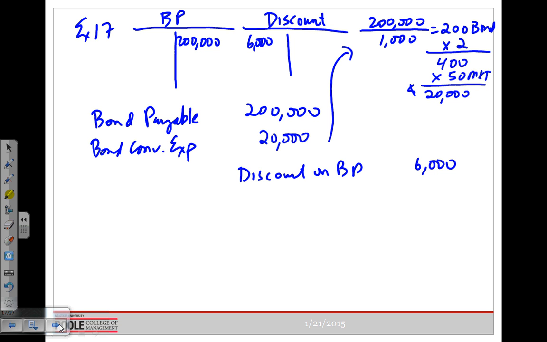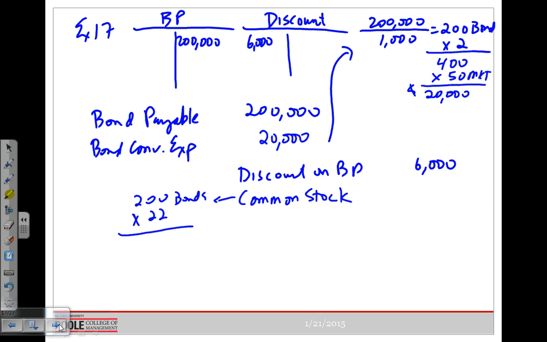Now, we're going to put the common stock. How much common stock am I going to issue? Well, remember there were 200 bonds, and each bond is going to be convertible into 22 shares, the 20 original plus the 2 sweeteners.